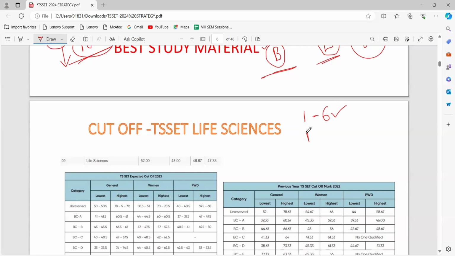Apart from this, you should also read unit 8 genetics, unit 10 ecology, unit 11 evolution, and unit 13, which is called methods in biology. Every student, remember, these 10 units are compulsory. Trust me, if you skip any one of these units, it's very difficult to crack the exam.